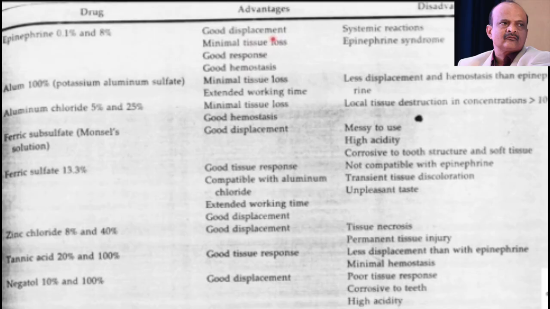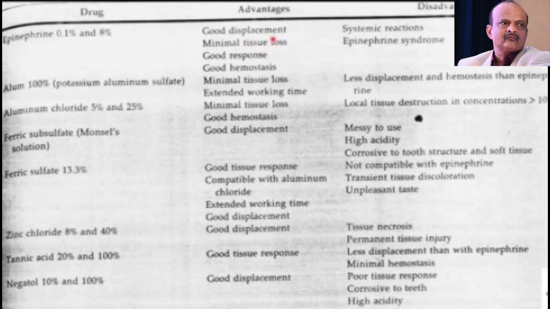Then alum, 100% potassium aluminum sulfate, causes minimum tissue loss and gives us an extended working time, but it comes with the disadvantage of less displacement and hemostasis than epinephrine. Aluminum chloride causes minimum tissue loss and good hemostasis, so it is again a commonly used solution. Local tissue destruction can occur if concentrations of more than 10% are used, so we have to be cautious about it.